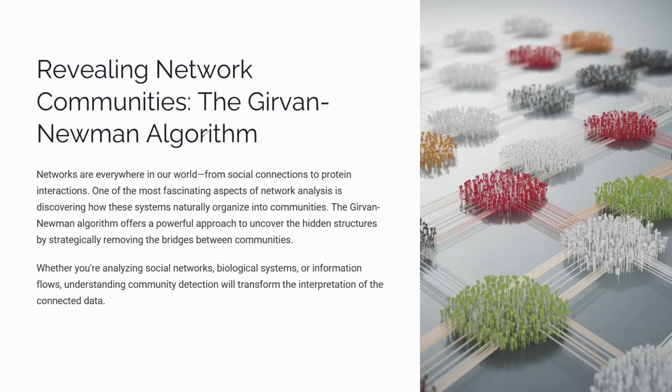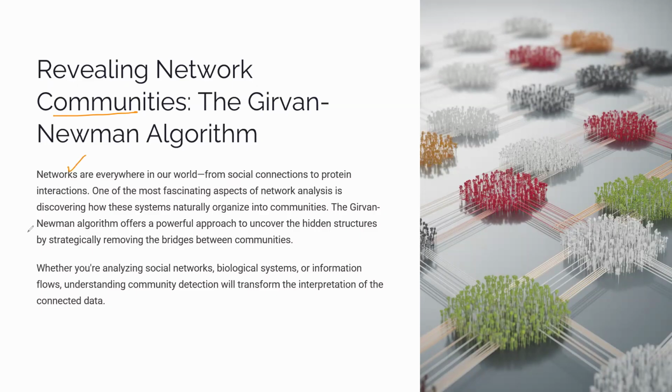As part of this particular session, we will be discussing the Girvan-Newman algorithm, which is one of the more popular algorithms in detecting communities in the network. That's right. So we are trying to identify the communities within a network.